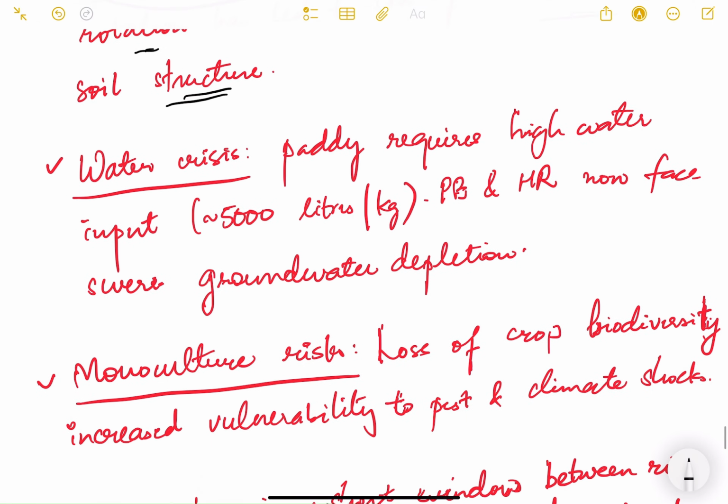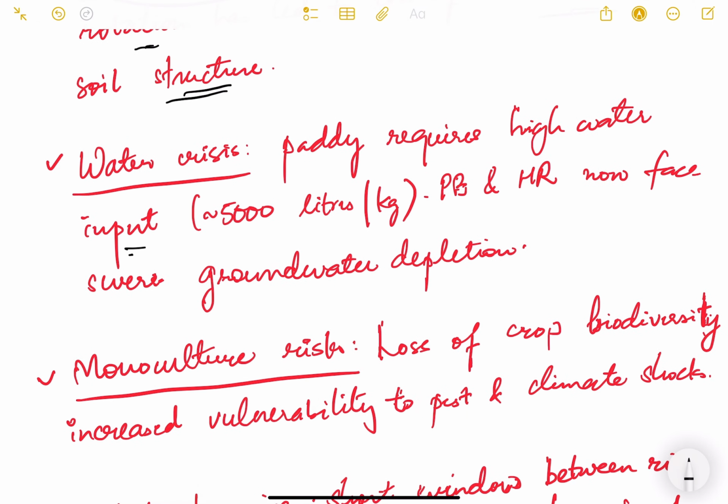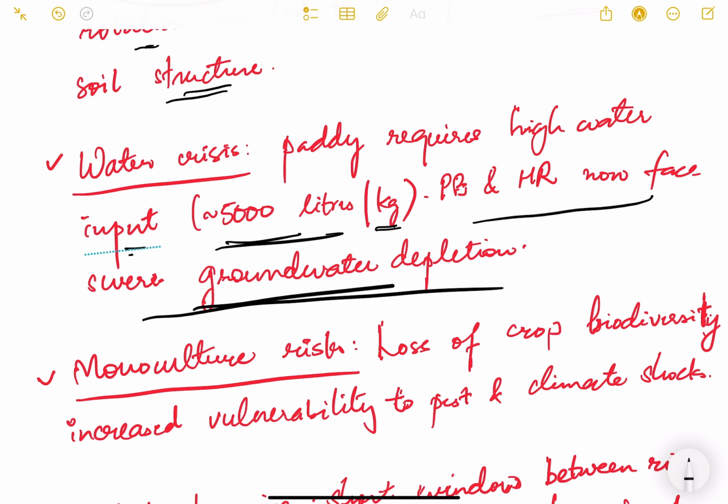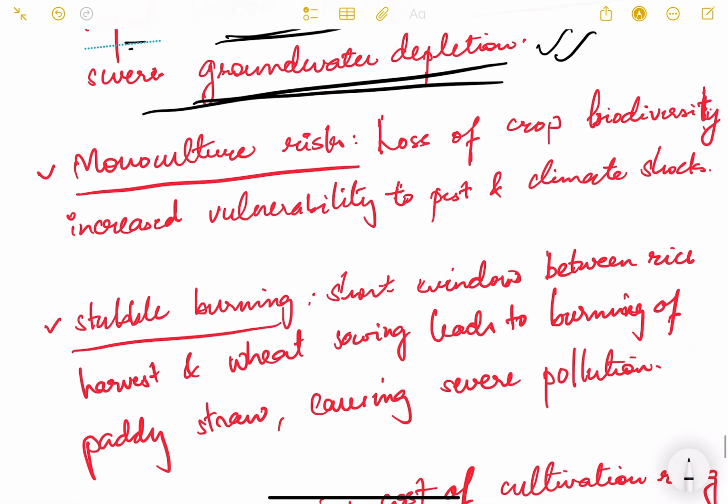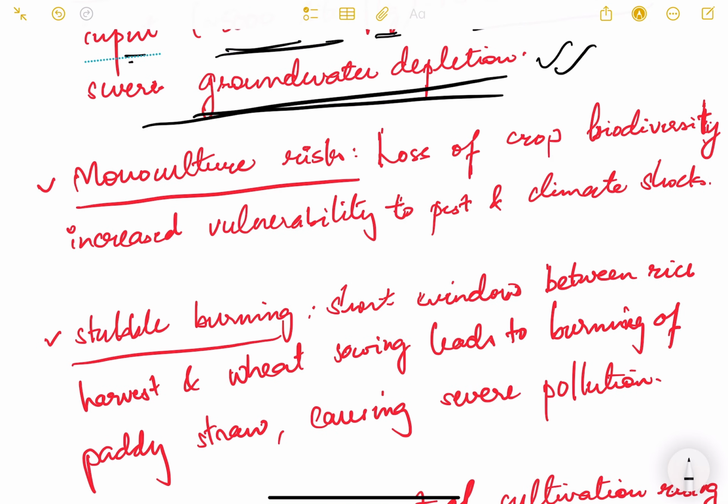Then water crisis. Paddy requires high water inputs, almost 5,000 liters per kg of production. Punjab and Haryana now face severe groundwater depletion. Monoculture risks. Since only one crop is grown, there is loss of crop biodiversity and increased vulnerability to pests and climate shocks.